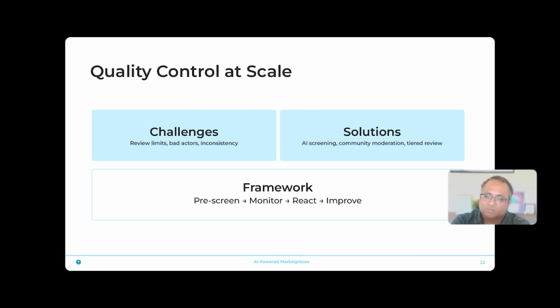Quality control. One of the frameworks that I think about when it comes to doing quality control at scale is pre-screening, monitoring, reacting to quality, and then improving. Again, community moderation facilitated by AI and a tiered review could be very, very helpful. This is where agentic AI comes into play. So you can have agents look at your community moderation, summaries, and so on, and take action automatically.